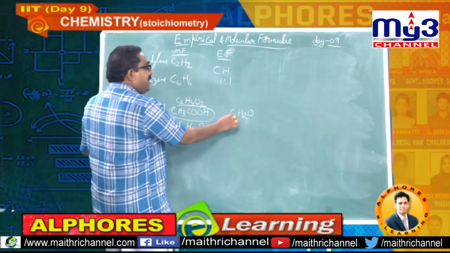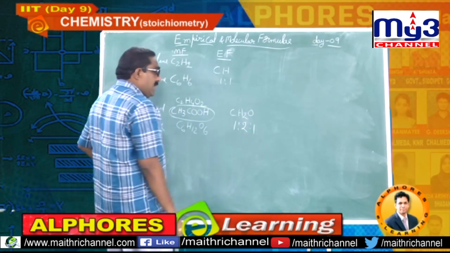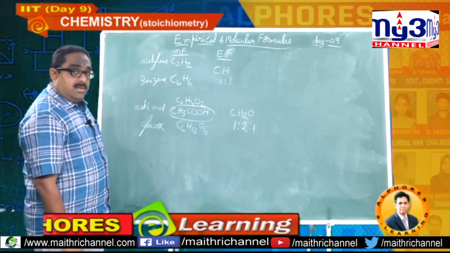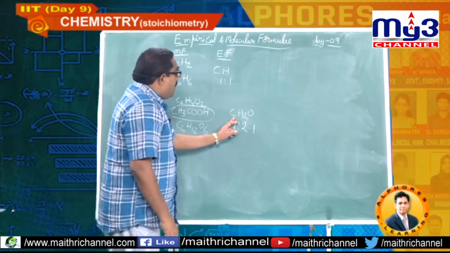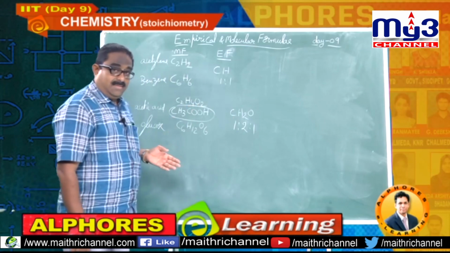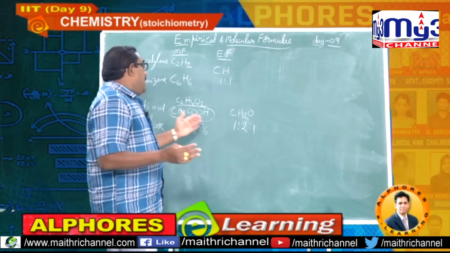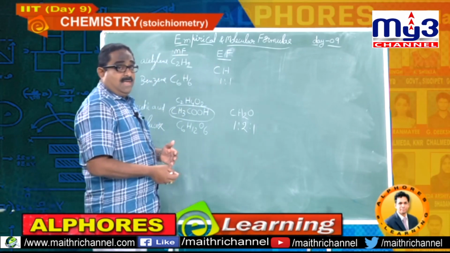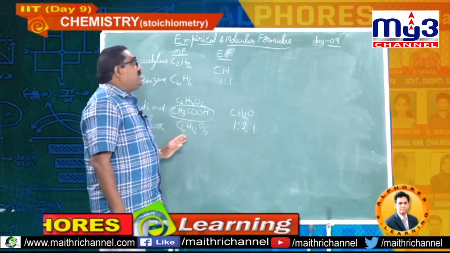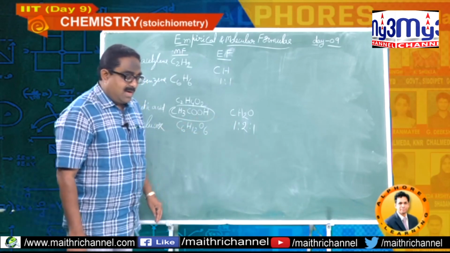So what is the ratio of carbon, hydrogen, and oxygen atoms present in these two compounds? 1:2:1. So this is called empirical formula of these two compounds. Two compounds or more than two compounds may have same empirical formula. It depends on the context. Okay. This is the basic difference between empirical formula and molecular formula.